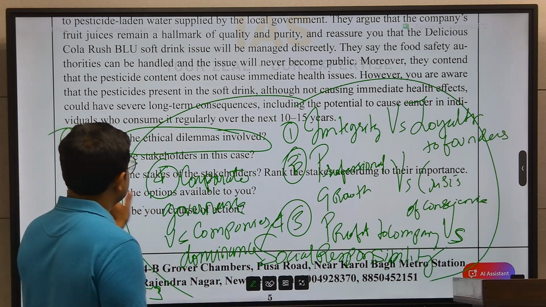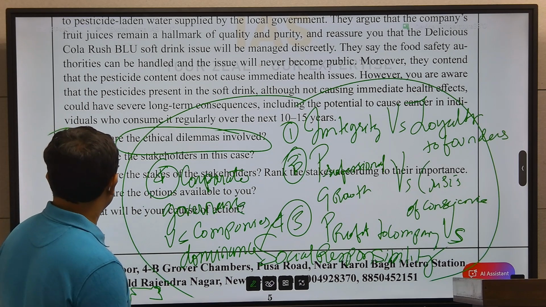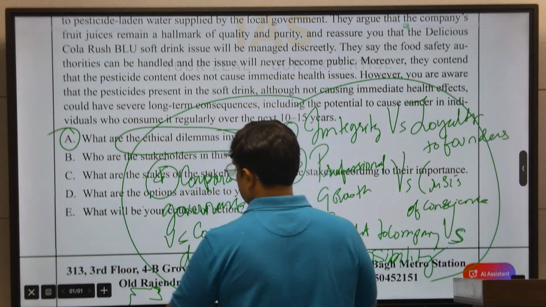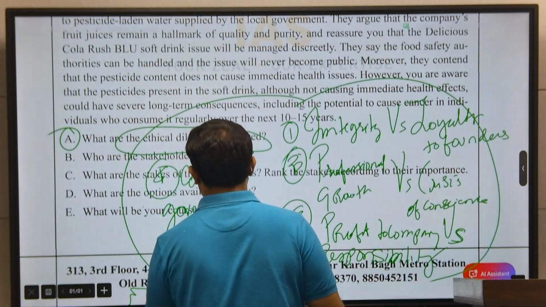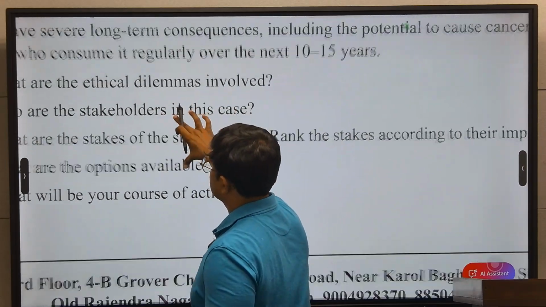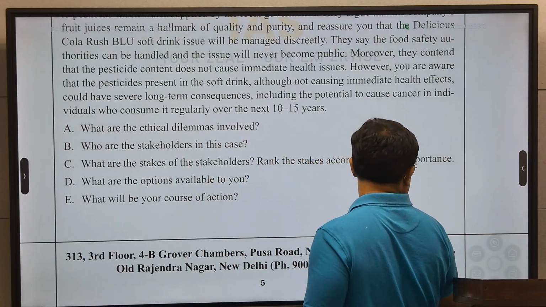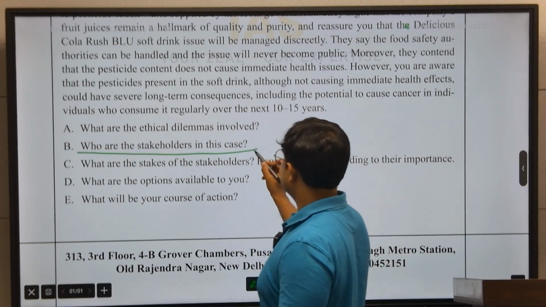are involved in this case study. So now let's move to the next. The second question says, second, who are the stakeholders of this case?